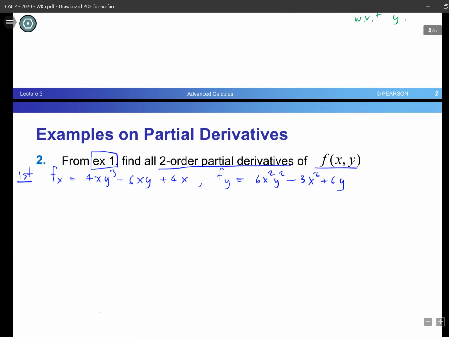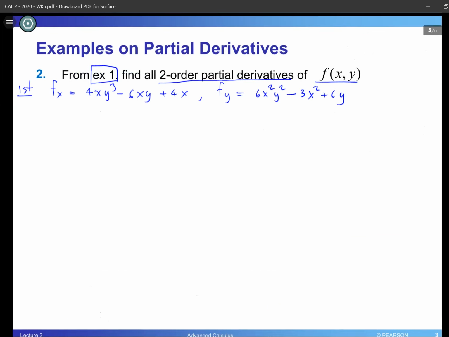Okay, let's move to number 2 right here. Now we have the first order derivatives written down. Our job is to find the second order derivatives. Alright, the question is, what are they? What do they look like? So let's take a look here. We start with this f of x,y, and then we diff this to get the first order derivative.